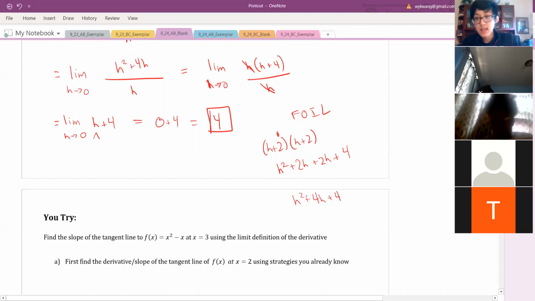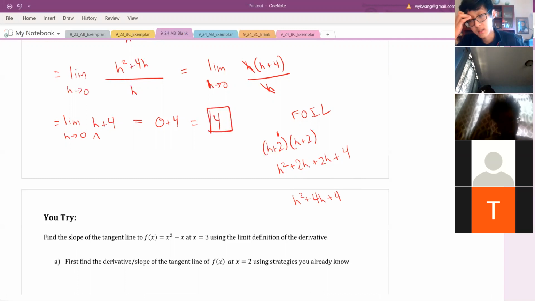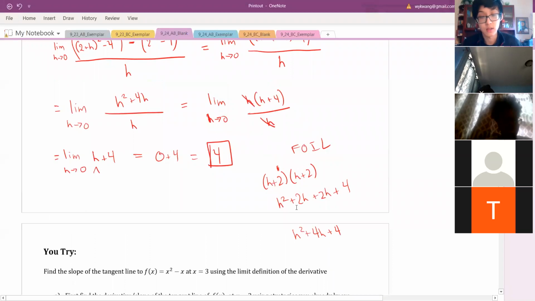Emily said you can also use the box method, which she finds easier than FOIL. Yeah, that sounds good too. I honestly don't know what the box method is, but I'm sure it's something you learned in algebra, so if that works for you, definitely do that too. Basically, FOIL is the opposite of factoring.